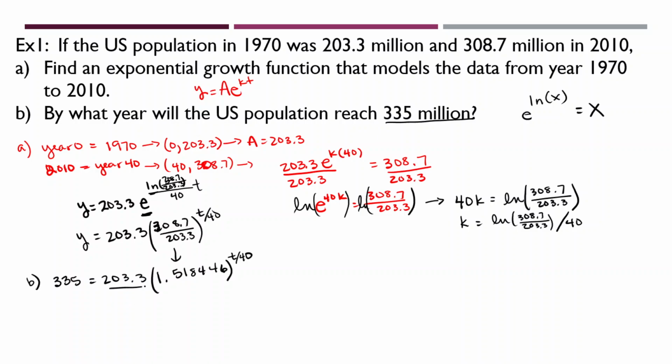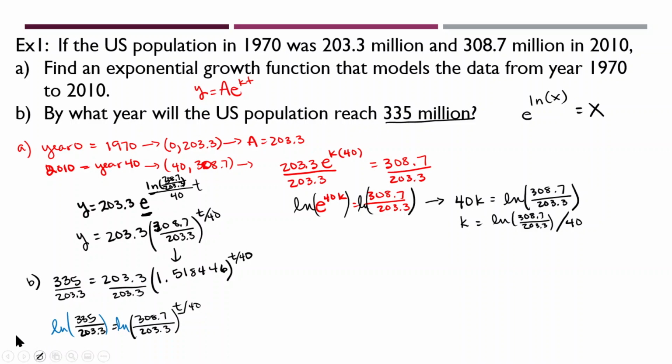Okay, so then I'm going to divide by 203.3. And I'll get 335 divided by 203.3 equals that fraction to the t over 40. And then again, to get this variable out of the exponent, we're going to take the natural log of both sides.